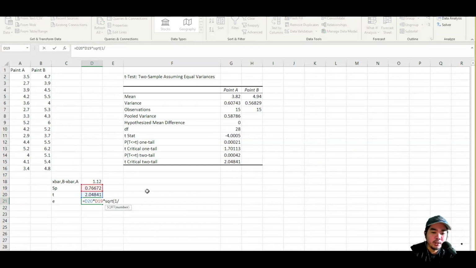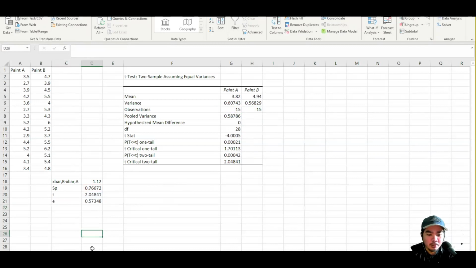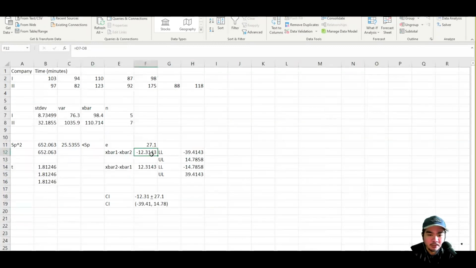So, 1 over, ano na lang to, class, no? 1 over n na lang to. Tama? 1 over 15. Sorry. Tama. Plus 1 over 20. Tama? Tama nga ba? Let me just double check my equation. No? E. Tama.